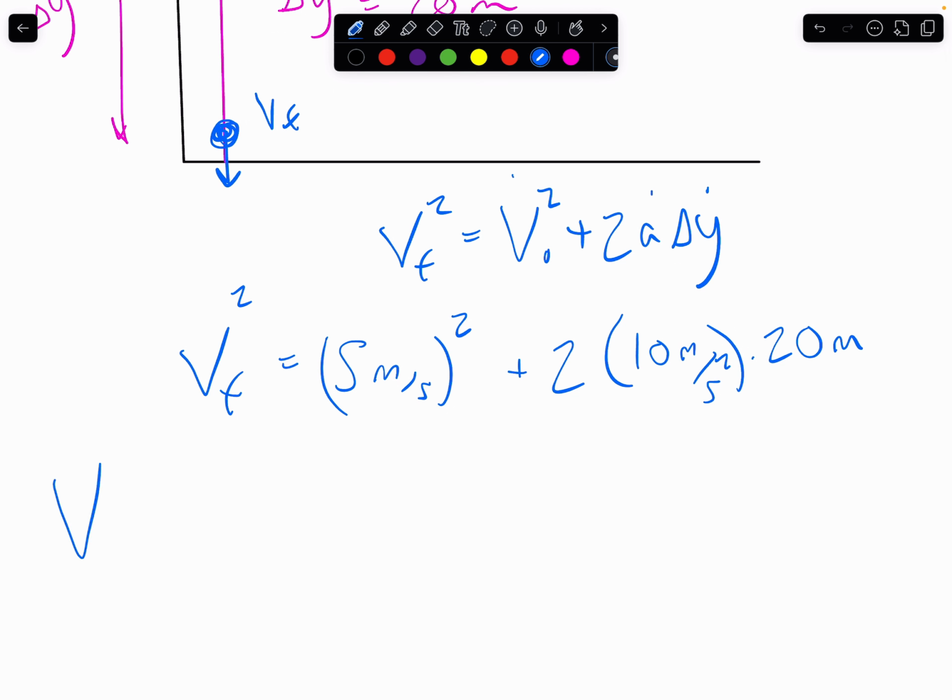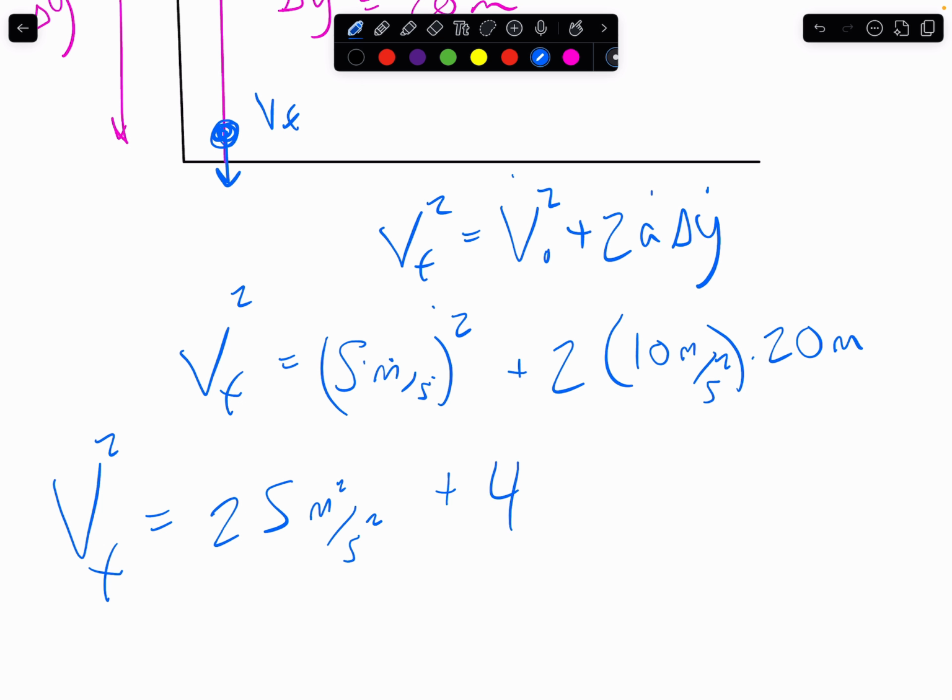All right, so V final squared is, well, 5 squared is 25. The dimensions are meters squared over seconds squared, because if you square, you have to square everything in here, including the dimensions or units. So meters squared over seconds squared plus, let's see, 2 times 10 is 20, and 20 times 20 is 400.